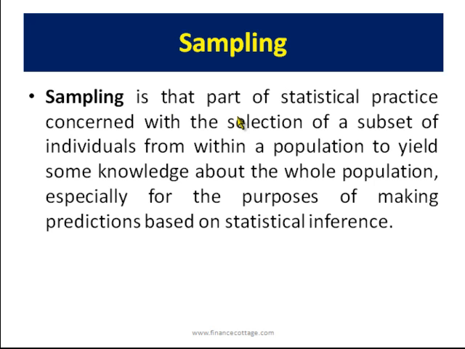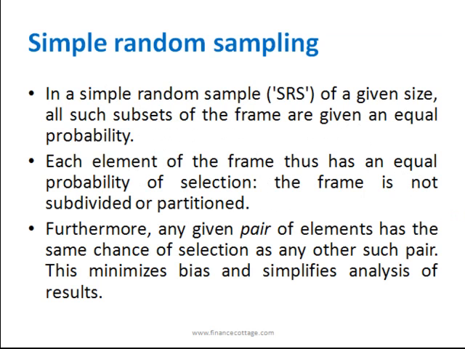So there are different sampling techniques. For example, there is simple random sampling, and in simple random sampling of a given size, all such subsets of the frame are given an equal probability. So each element of the frame thus has an equal probability of selection.